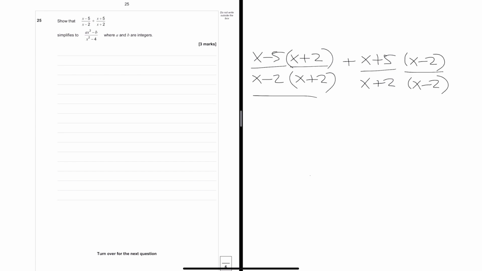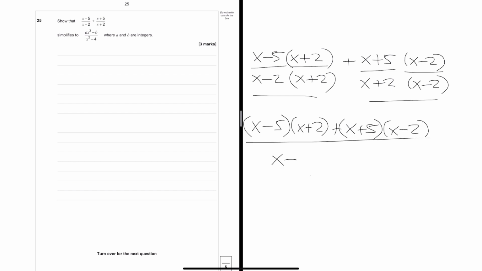And now we can see that the denominator on each side is equal to x plus 2, x minus 2, which means we can combine the numerators. So we now have x minus 5, x plus 2, plus x plus 5, x minus 2, over x minus 2, x plus 2.